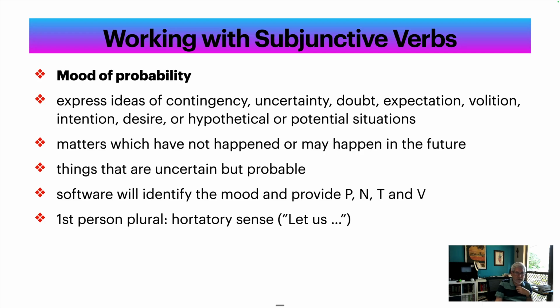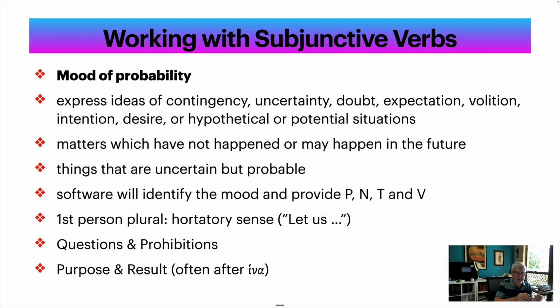When it's the first person plural, it's more of the sense of let us do something. That's the so-called hortatory sense, similar to what we saw in biblical Hebrew. It's also used in questions and prohibitions, and it's used to express purpose and result, and often a clause that has a verb in the subjunctive, if it's to do with purpose and result, quite often that clause will begin with hina.